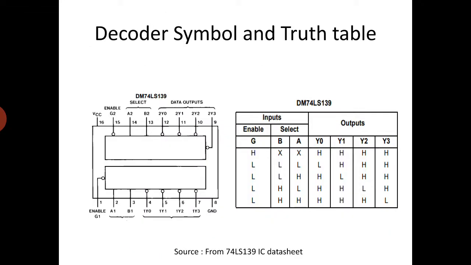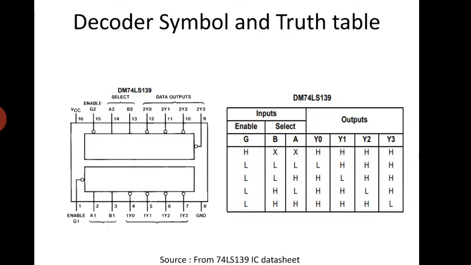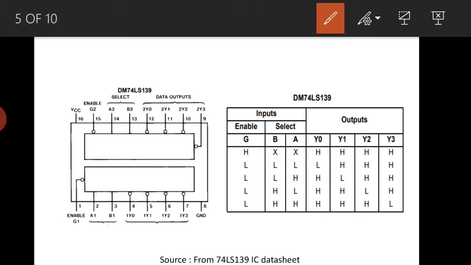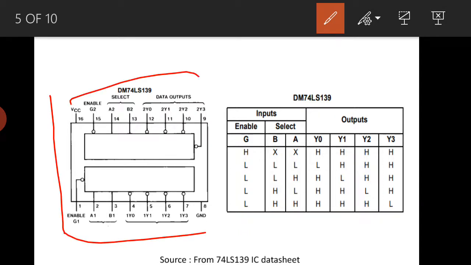Now next, once we know what a decoder is and what it does, we can see the truth table. It will be clearer once we see the truth table. This is the symbol, and this is one more form of looking at the symbol.